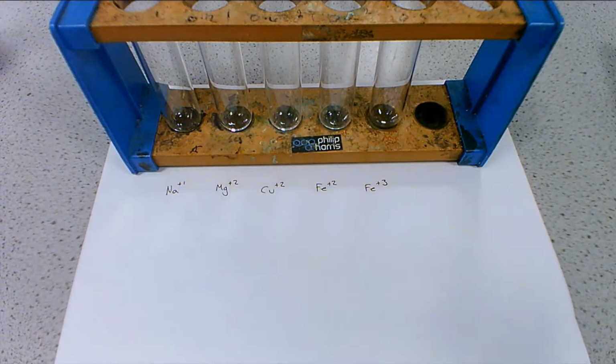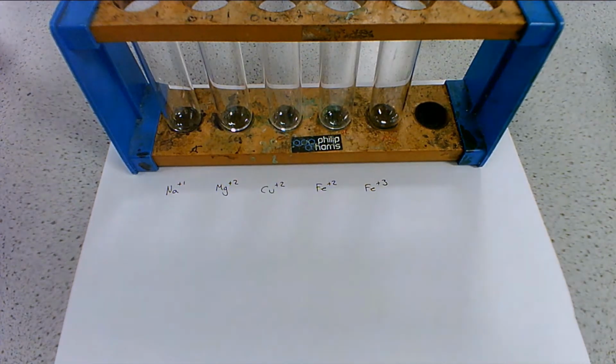So here we're going to look at some solutions containing metal ions, and some of these metals are going to be from groups 1 and 2, and the others are going to be transition metals. And hopefully from their observations of how they look, their appearance, and how they react with sodium hydroxide, we'll be able to distinguish clearly whether they are or are not transition elements. So we've got sodium sulfate, which contains sodium ions.